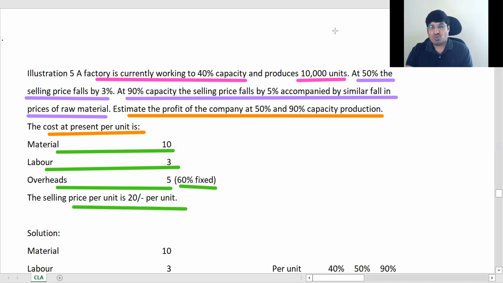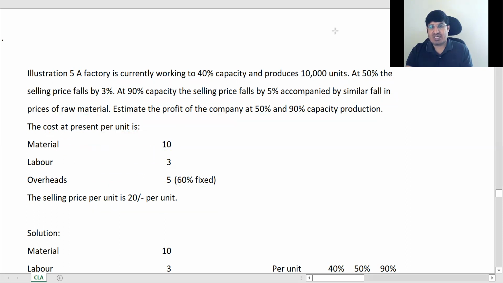Okay. So one thing I'll tell you before we proceed, whenever you have percentages given like this and one base units, for example, 10,000 units is the base unit for 40%. Now if you have to compute units for 50%, what will you do?